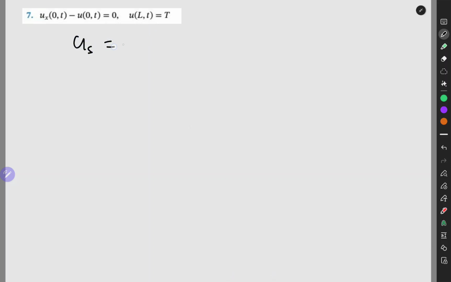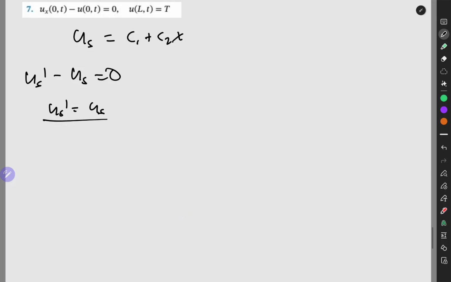So we start off with the same thing again. Right, we're given this case. So we need to find, well, they give us this. Writing minus U of 0 is equal to 0.